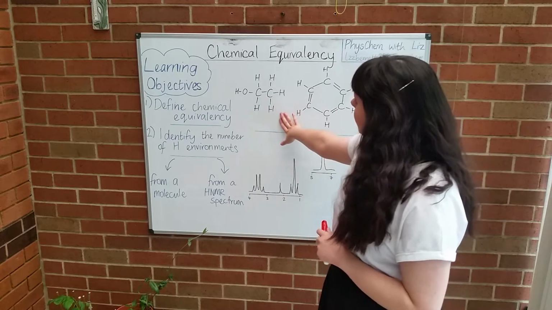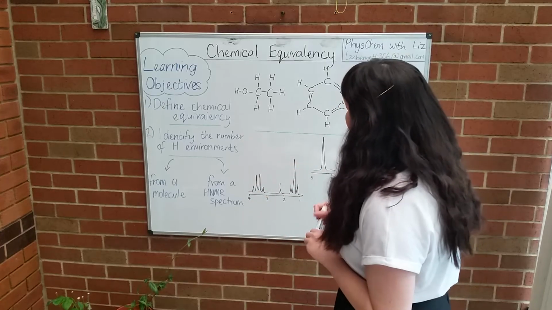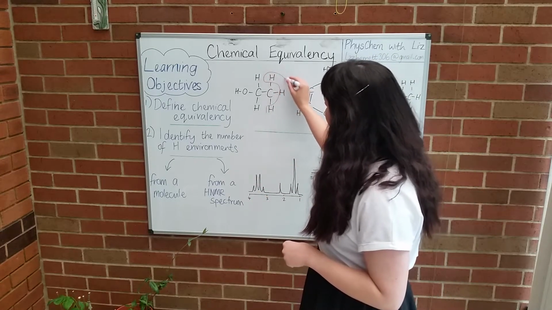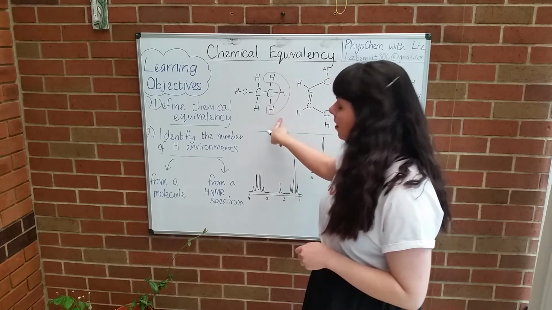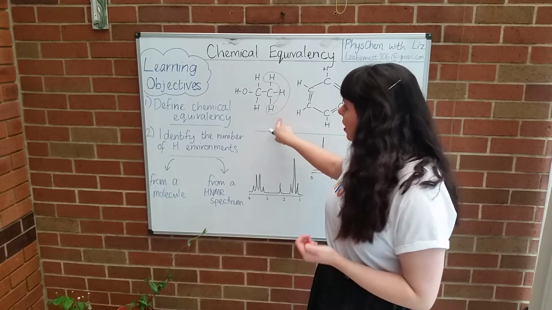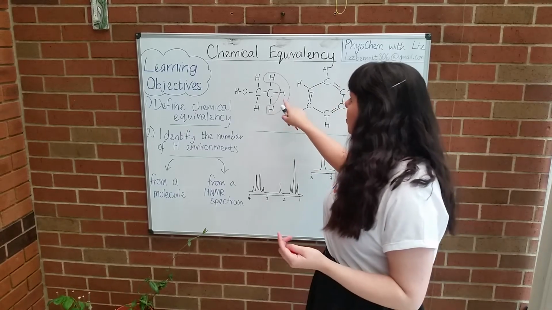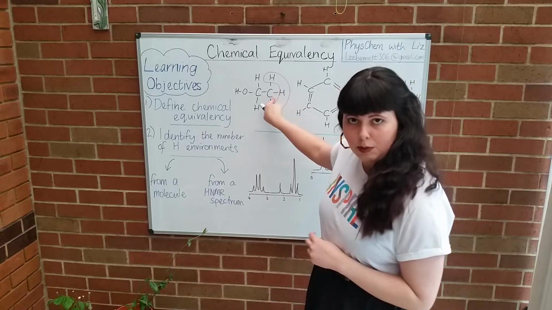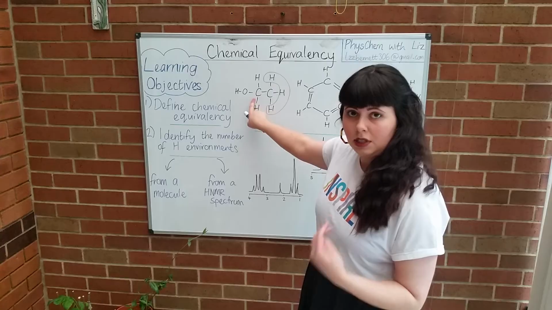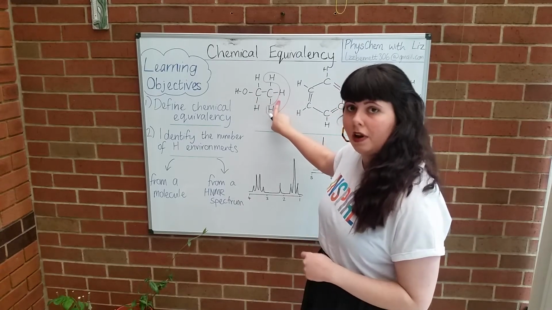So this first molecule we've got here, this is ethanol. Now, we've got three protons bonded to this carbon, and we say they're chemically equivalent. What that means is they're in the same chemical environment, so they're bonded to this same carbon, and they all have the same neighbour, this carbon. So this is one proton environment.